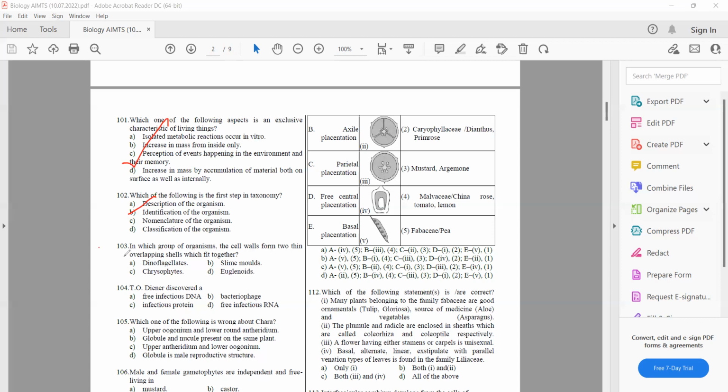103, in which group of organisms does the cell wall form two thin overlapping shells which fit together? The right answer is chrysophytes.